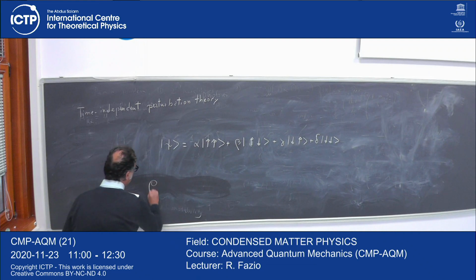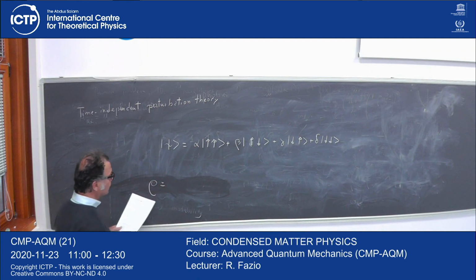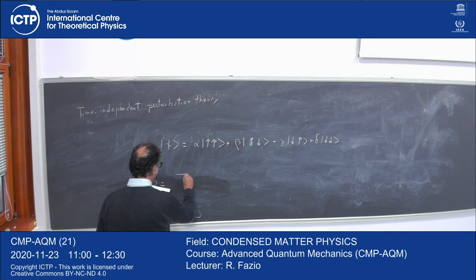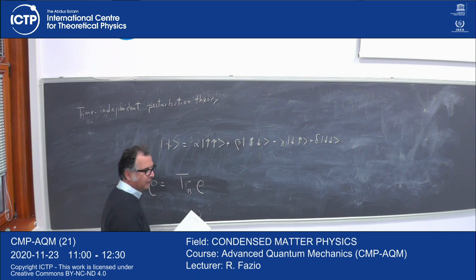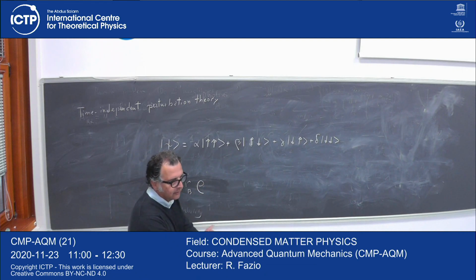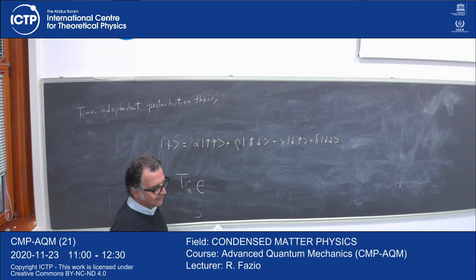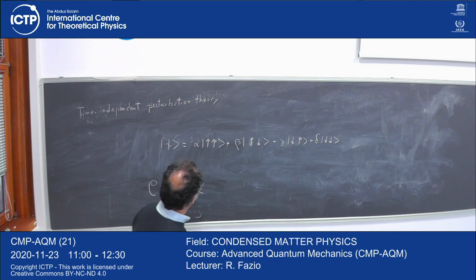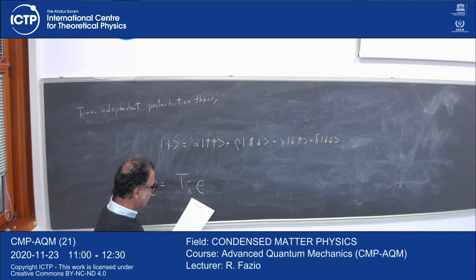So, rho A is equal to the trace over B of rho, okay? So, you should have computed rho, I think. So you have to trace over the second indices, okay?